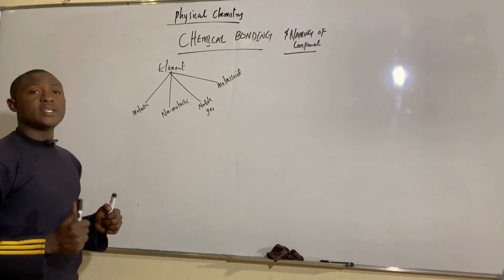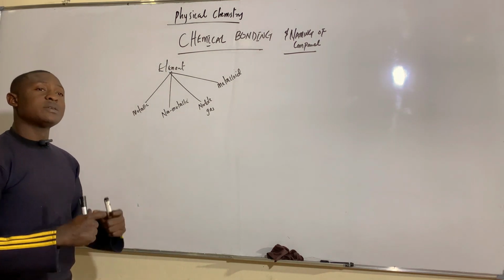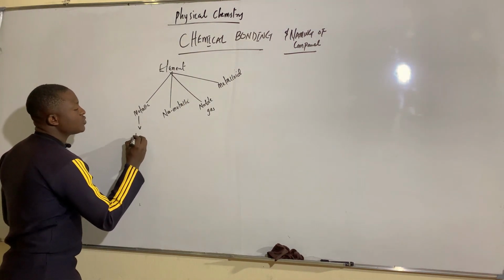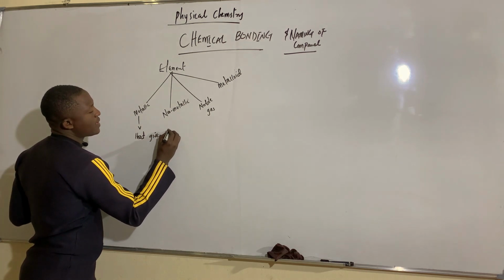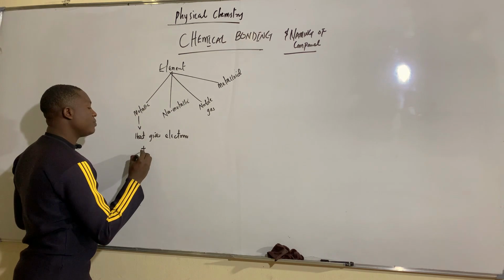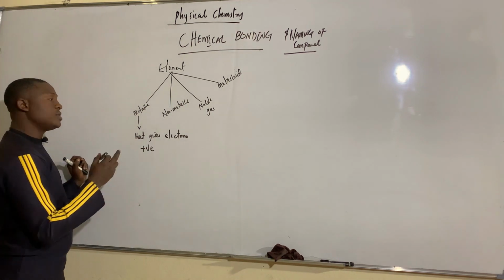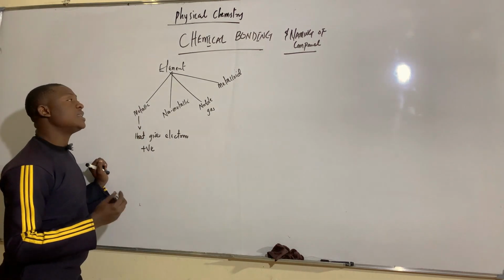When we have metallic, don't worry, I will define that in the materials. A metallic element is a type of element that gives electrons. When they give electrons, they become positive. So whenever an element is positive, you will know that particular element is a metallic element.